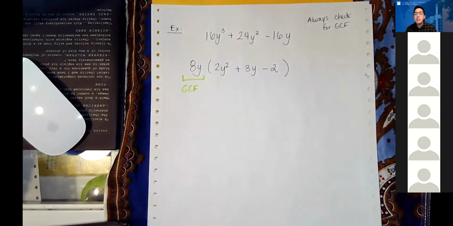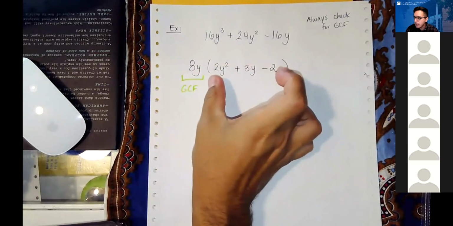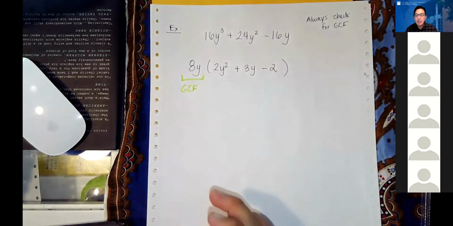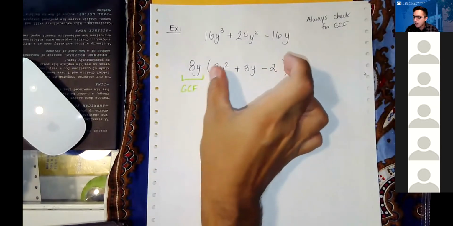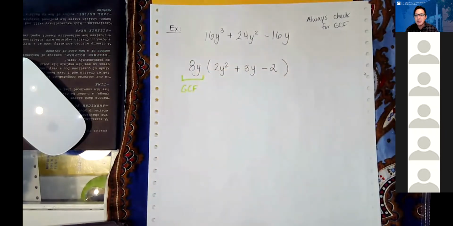And then to fully factor everything, we have this monomial factor, but we need to make sure that this trinomial factor can't be factored any further. So here is where we're going to apply the AC method. And because we factored out the 8y before, multiplying 2 times 2 is going to be so much easier, right? 2 times 2 is just 4. 16 times 16, only calculators know what that is.